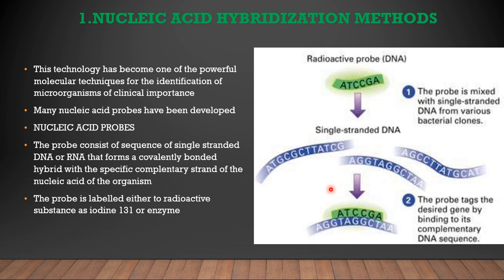To facilitate the visual detection and automation of these probes, we usually label them with reporter molecules, which include some enzymes, antigenic or chemiluminescent moieties, or even radioisotopes like iodine 131. So if we want the visual detection, we label those probes with all these materials.